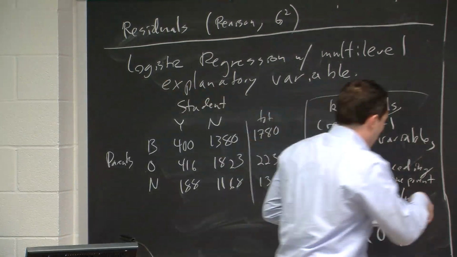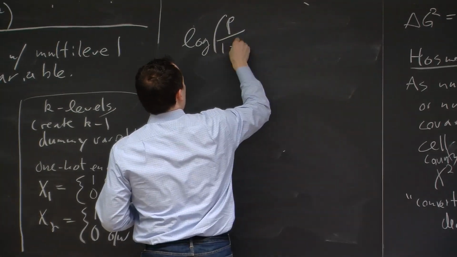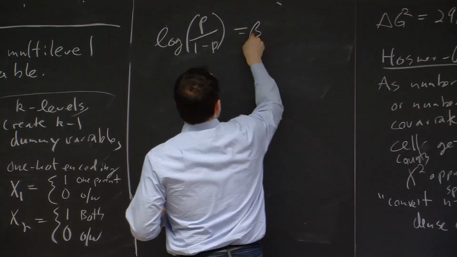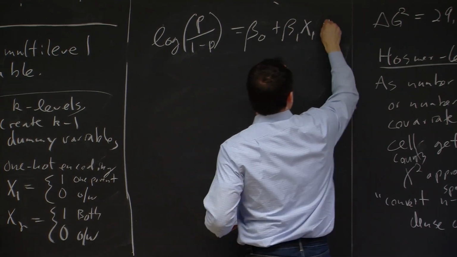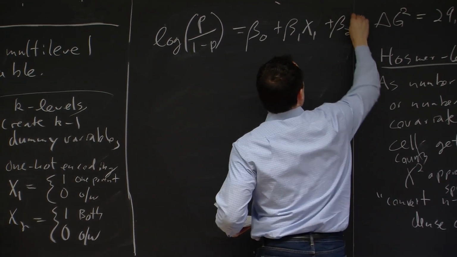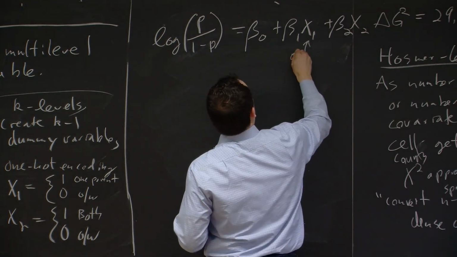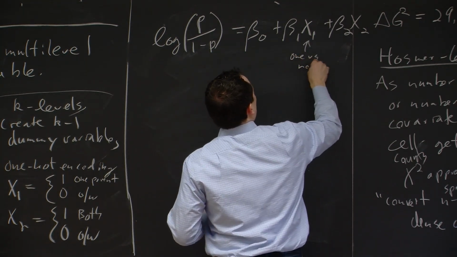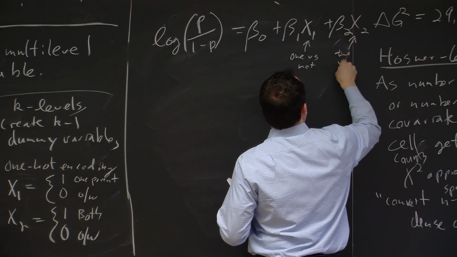Okay, so then we get a model: log p over 1 minus p is some intercept term plus a term for our first dummy variable plus a term for our second dummy variable. So this is 1 versus not, and this is 2 versus not.